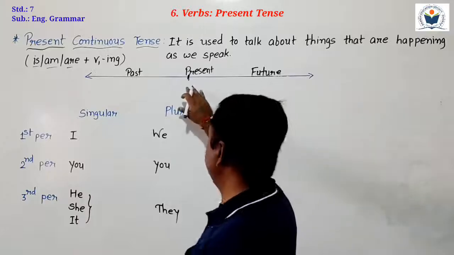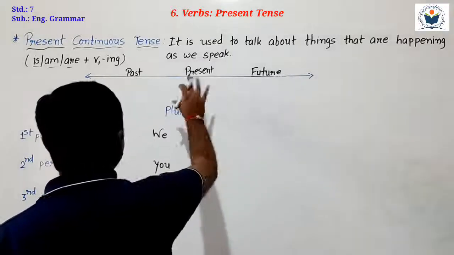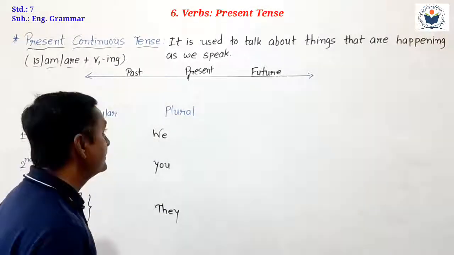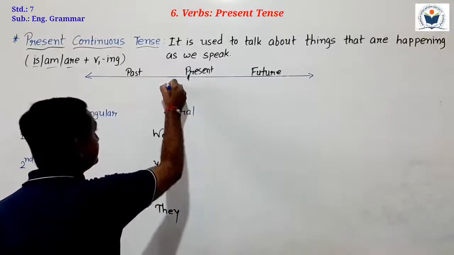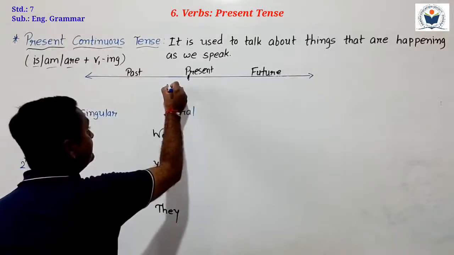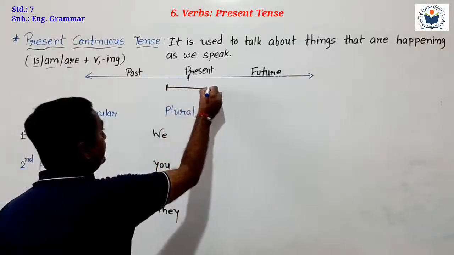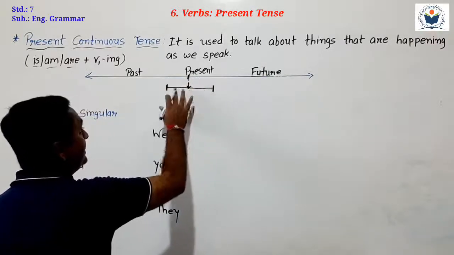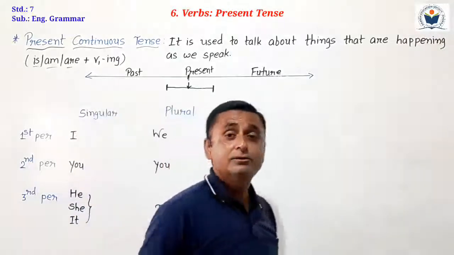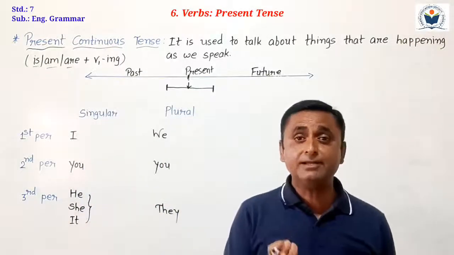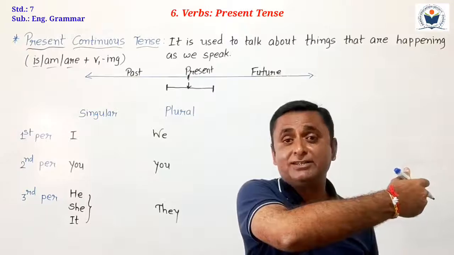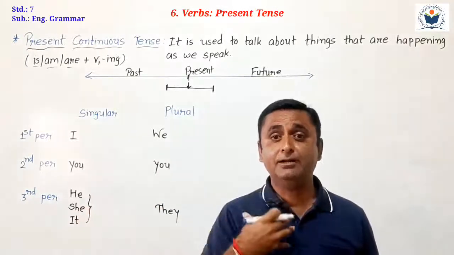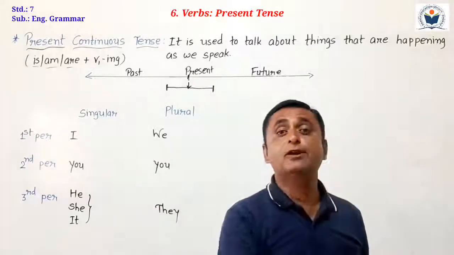Okay, now with that line we have to understand where we have to use present continuous tense. While some action started in the past, and maybe continues in a future time, but while you are speaking, at that time that action continues. जब हम बोल रहे हैं शायद वो एक्शन लिटिल बिट पास्ट में स्टार्ट हुई है और वो भी फ्यूचर में भी चालू रहने वाली है, मगर हम बोल रहे हैं तभी हमारे सामने वो कंटिन्यू है.